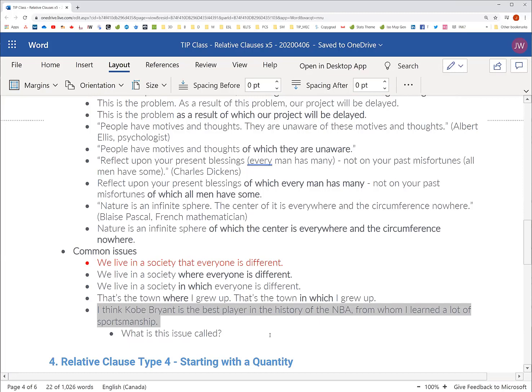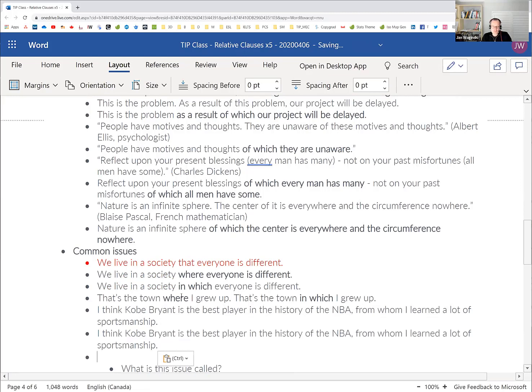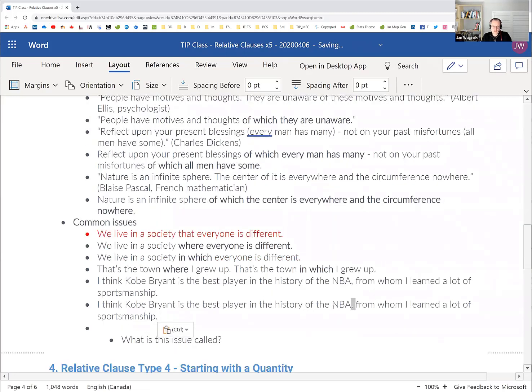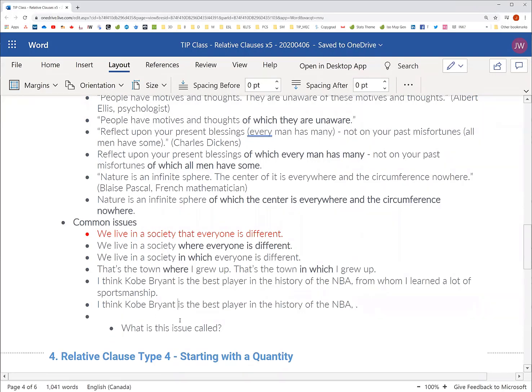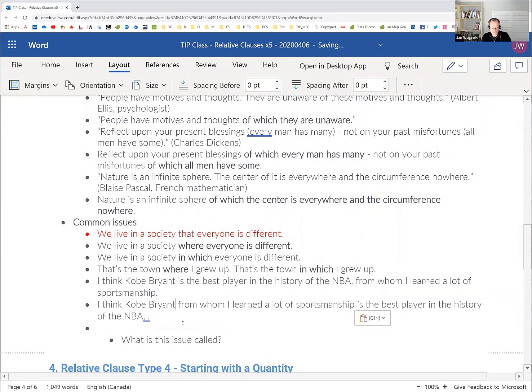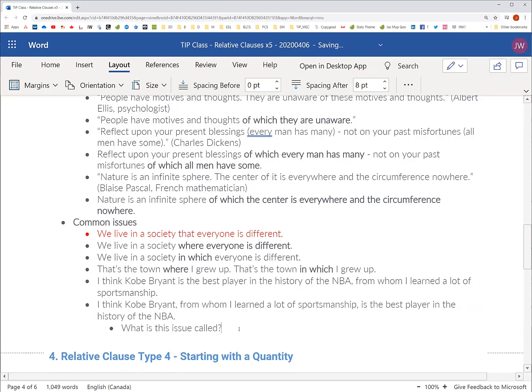Misplaced modifier? That's it. MM, like M&Ms if you like those candies. That's exactly right. Regardless of the type of relative clause, it needs to go directly after the thing or person that it's modifying. Okay, this is called a misplaced modifier.